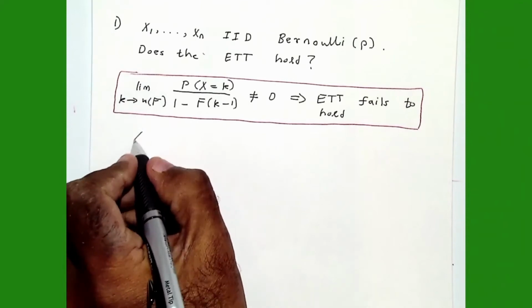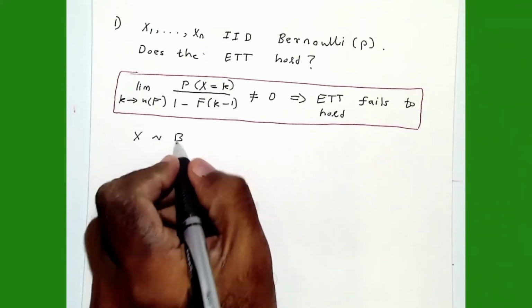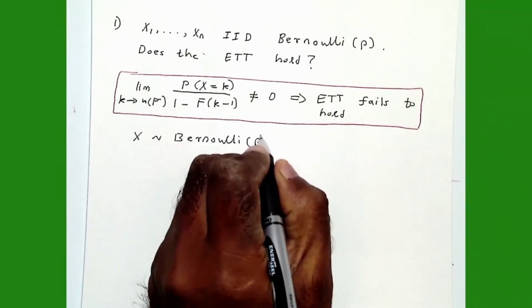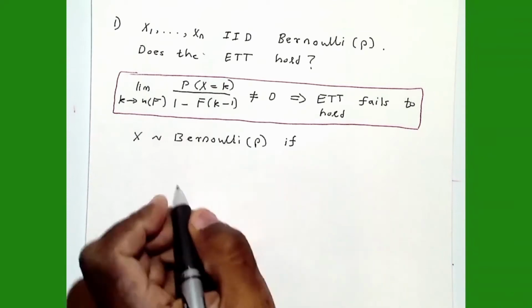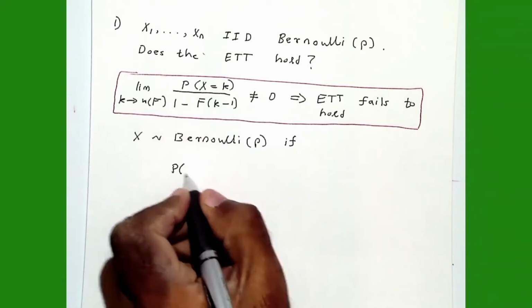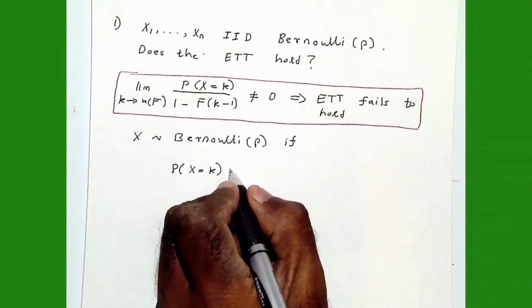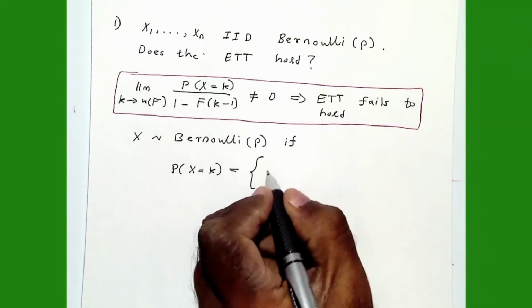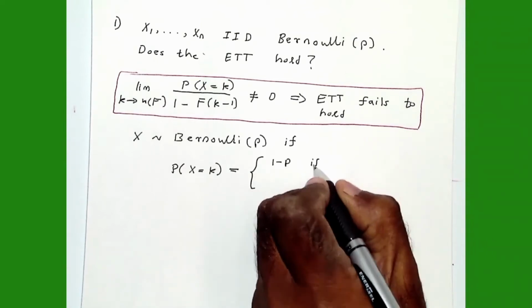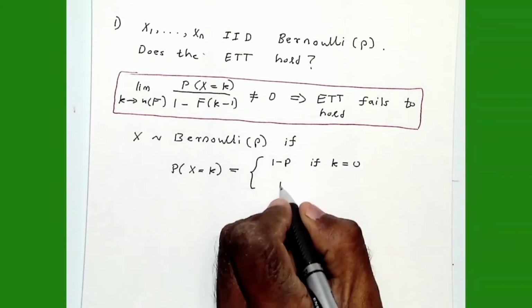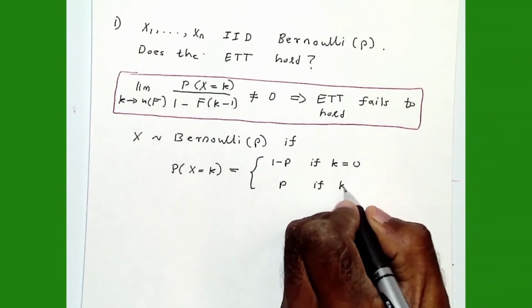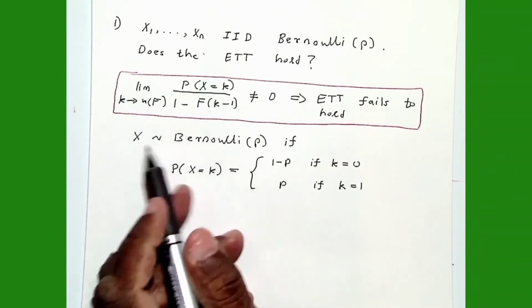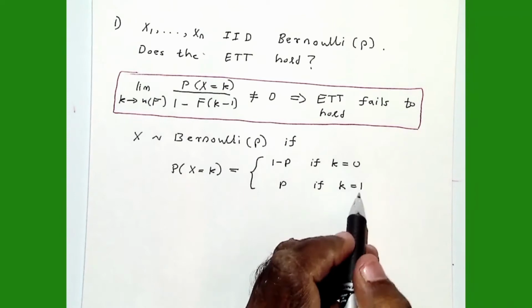A random variable x has the Bernoulli distribution if the probability that x equals k is equal to 1 minus p if k equals 0, and is equal to p if k is equal to 1. This is stuff you did in the first year. So the support for the Bernoulli distribution is either 0 or 1.